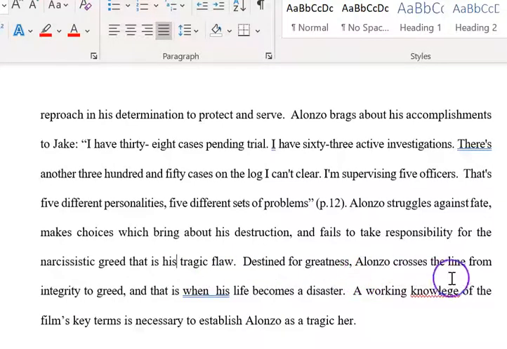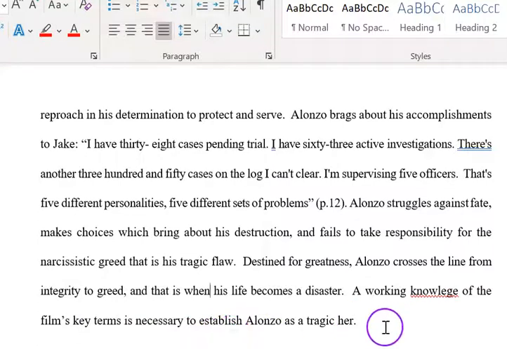Destined for greatness, Alonzo crosses the line from integrity to greed, and that is when his life becomes a disaster. A working knowledge, this is our transition sentence, a working knowledge of the film's key terms is necessary to establish Alonzo as a tragic hero. Nice introduction, huh?